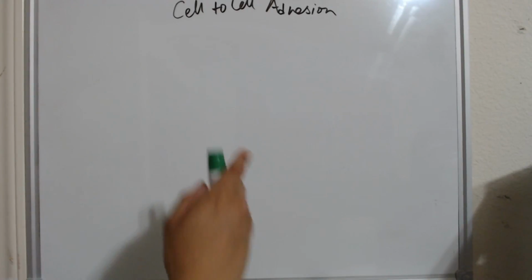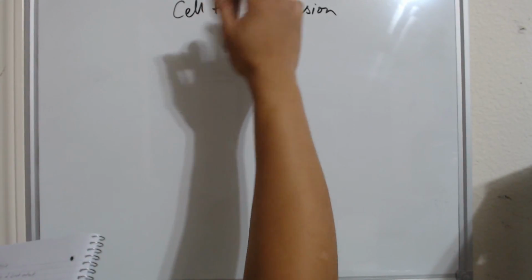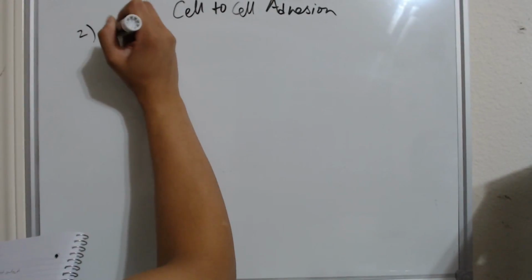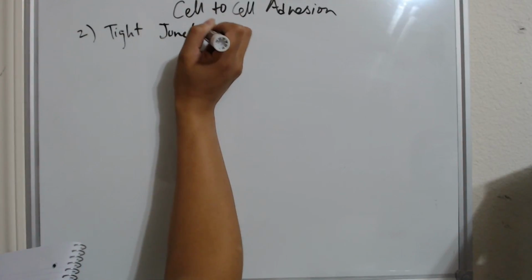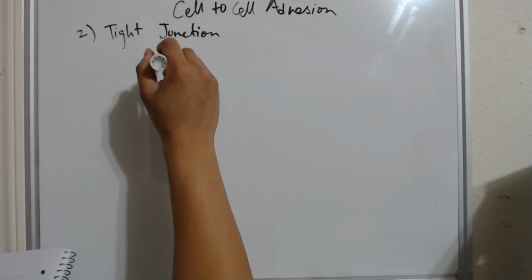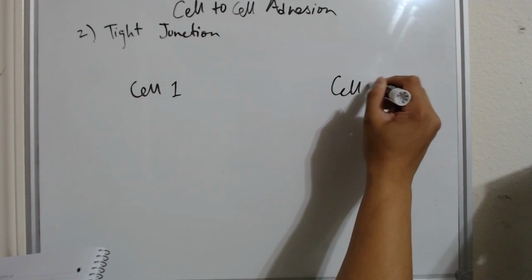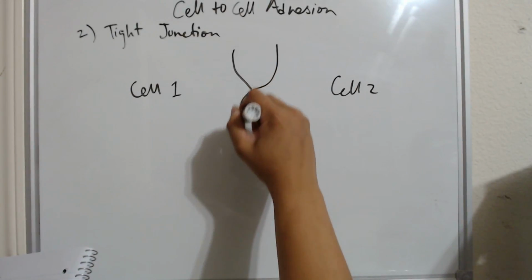Alright. So the second cell adhesion is called a tight junction. So here's a cell. So here are the plasma membranes.